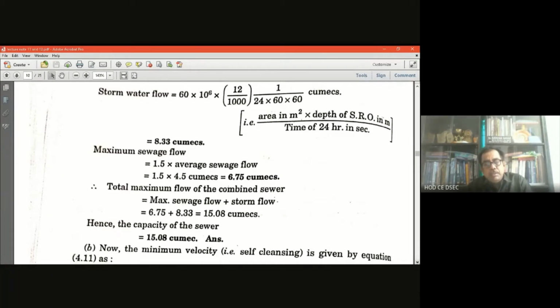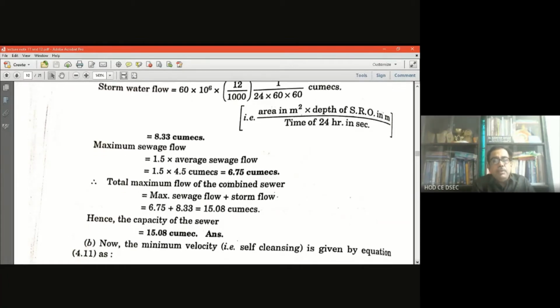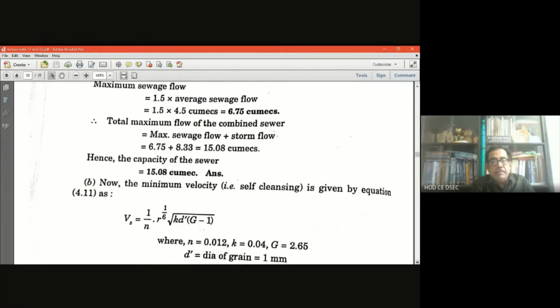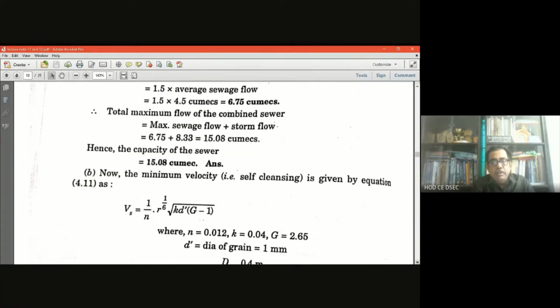Adding these two figures, 15.028 Qmax, we get the maximum flow in the combined sewer. This is one answer asked for in the question: what is the maximum flow of the combined sewer?